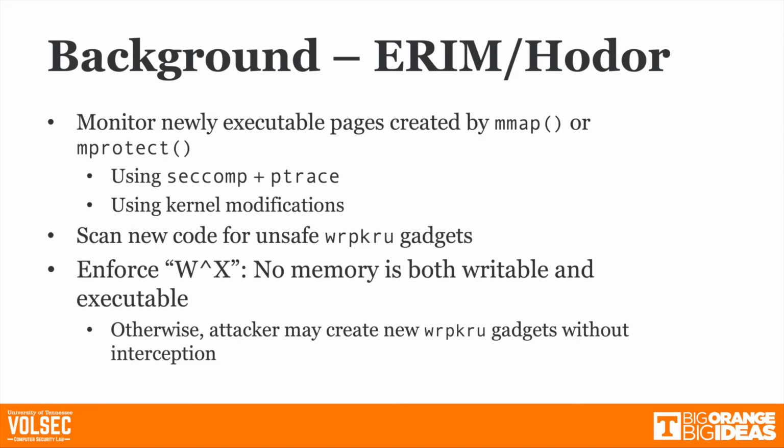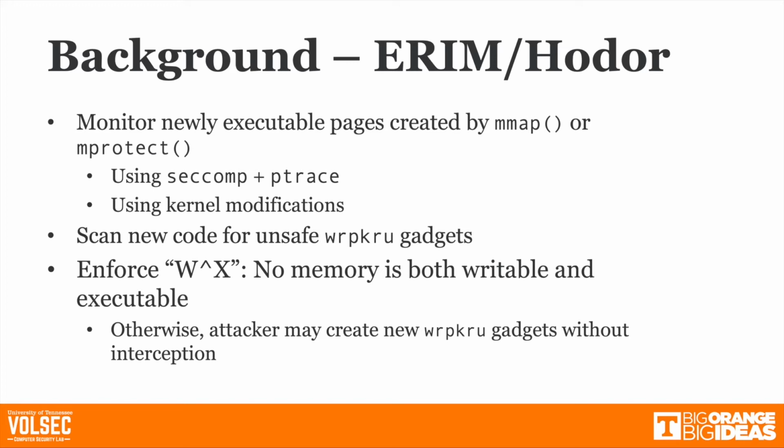Now, we also have to ensure that an attacker can't just create new write PKRU gadgets at runtime. So both of these systems are going to monitor syscalls such as mmap or mprotect that could create new executable pages. One way to do this is using seccomp and ptrace syscalls, which allow us to essentially create a monitor process that intercepts certain syscalls and is able to modify their behavior.